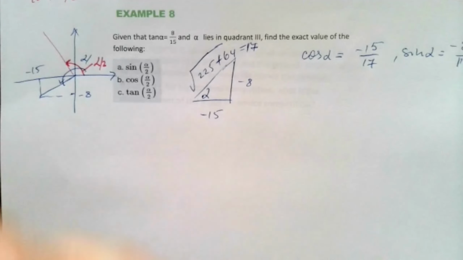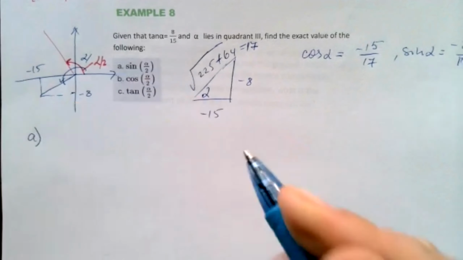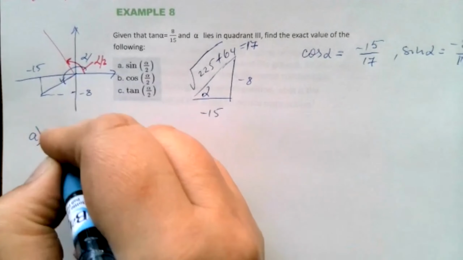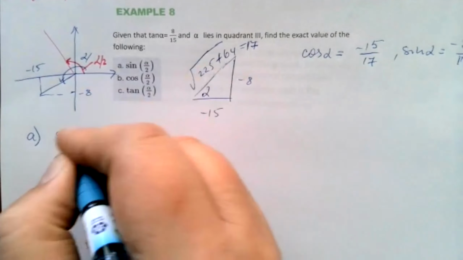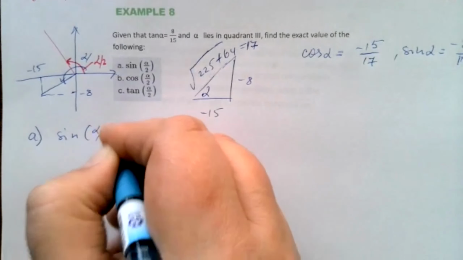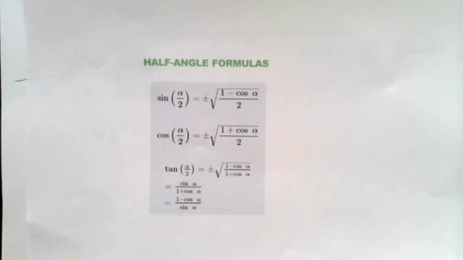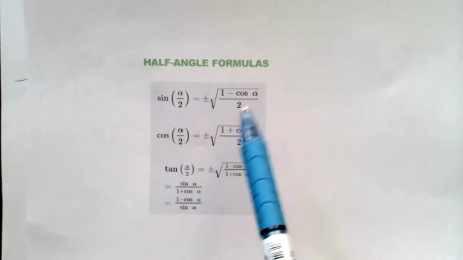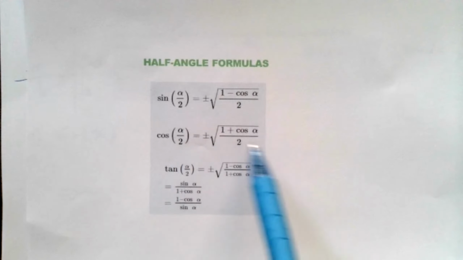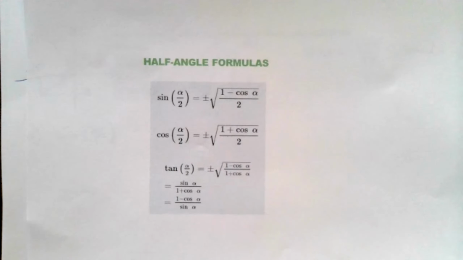Based on that, we're going to select either positive or negative values from our half angle formulas. For question A, we need to figure out sine of alpha divided by 2. Looking at our formulas, we only need the cosine.